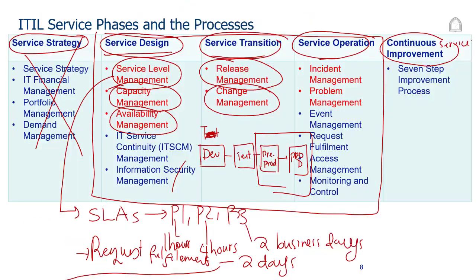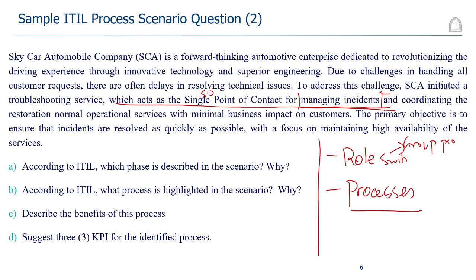So let's now go back, having said that. So this one particular question here: coordinating the restoration of normal services. What does that tell you? According to the ITIL, which of the phases is described in the above scenario and why?